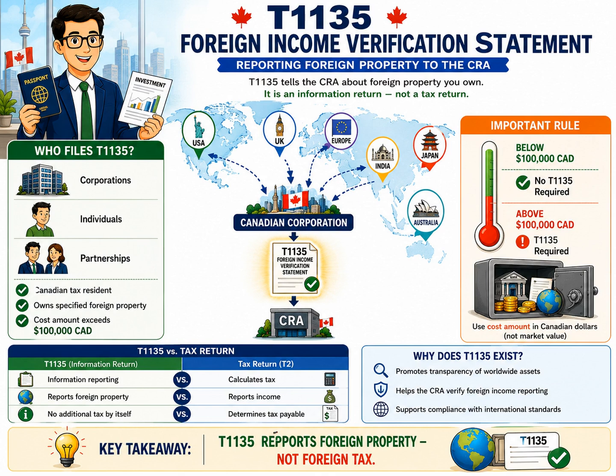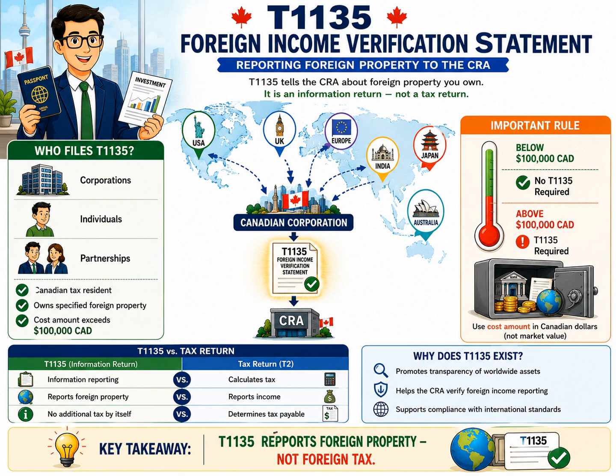Many beginners assume that filing a T1135 means paying additional tax. That is not correct. The purpose of the form is simply to disclose specified foreign property so that the CRA has visibility into foreign investments held by Canadian residents.